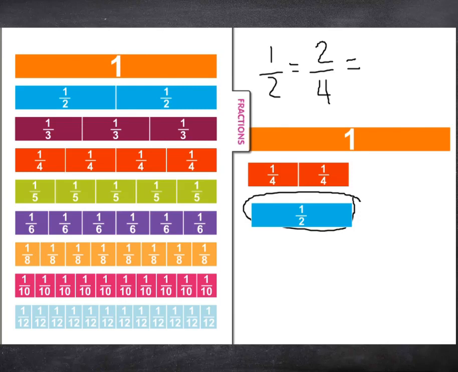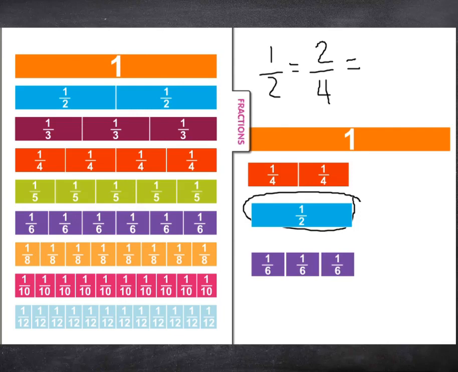For example, if the unit is divided into 6 parts, exactly the middle is 3. Let's see. 1, 2, and 3. 3 equal parts.